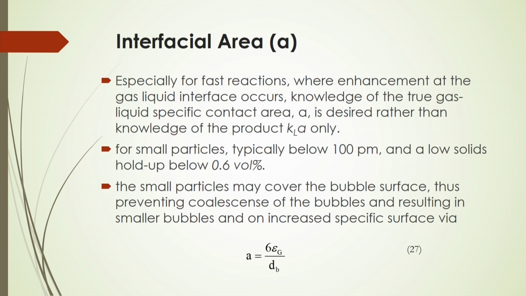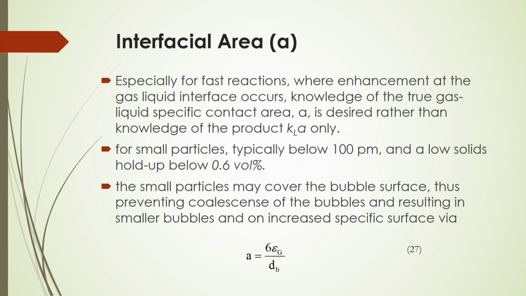And in this case, whenever you are considering the gas phase mass transfer coefficient, one important point is that suppose there is a gas liquid solid fluidized bed, and gas is distributed as a dispersed phase of bubbles. For fast reactions, with enhancement at the gas liquid interface, here from the bubble surface to the liquid, knowledge of the true gas liquid specific contact area, denoted by A, will be required, and that will give you more accurate information about the overall mass transfer coefficient.